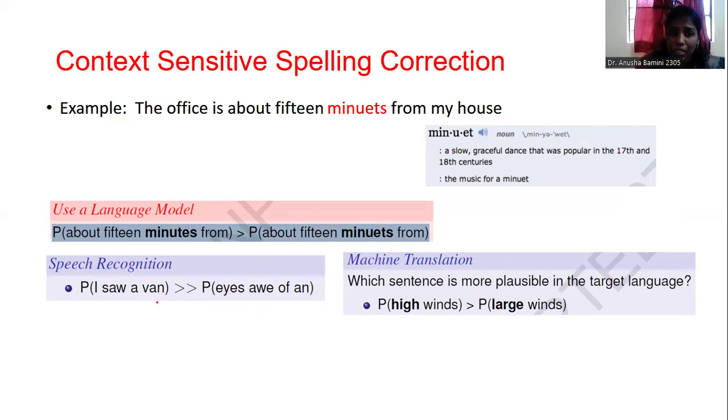But which one is having higher probability? I saw a van. So the system by default automatically types the sentence I saw a van. This is how the probability as well as the upcoming suggestion is given to the user. So this is called context sensitive spelling correction.